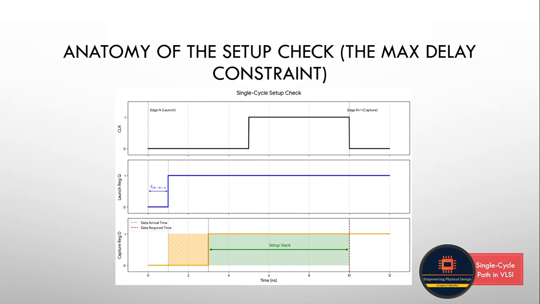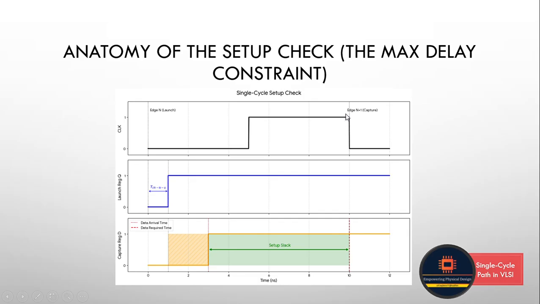Let's use this waveform to see how the setup check works in real life. Look at this top block. Here we have a clock. The data starts its journey at the clock edge n, and it must safely reach before the n plus 1 edge.